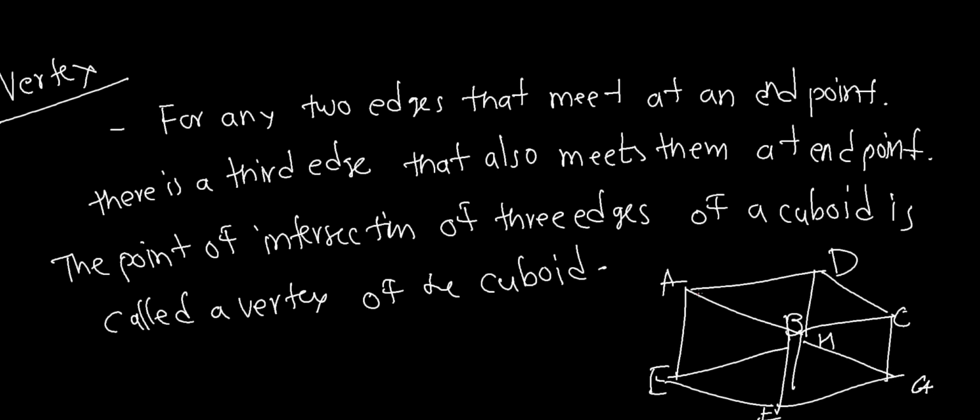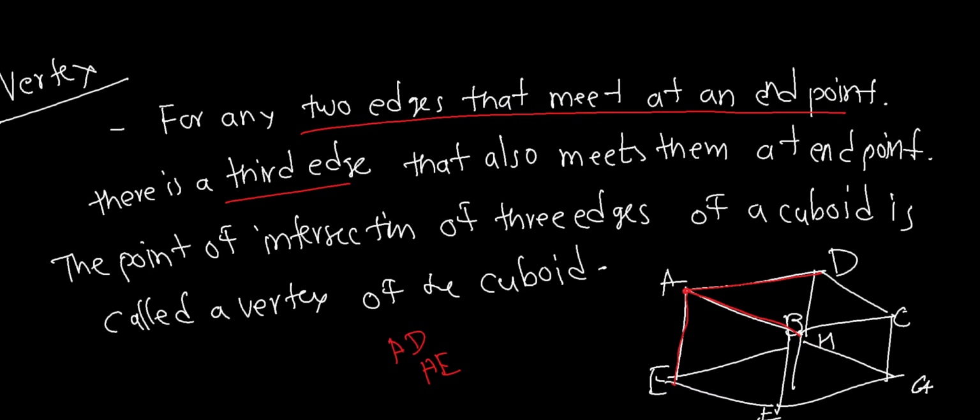So if we consider edge AD, so what it is saying, for any two edges that meet at an end point, let's see any two edges. So AD and AE, we can say that they are meeting at endpoint A. There is a third edge, any two edges that meet at an endpoint, there is a third edge that also meets them at that endpoint.